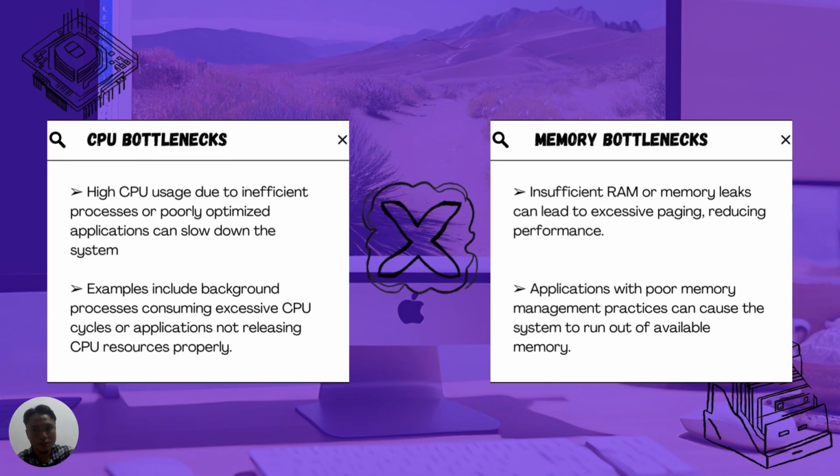High CPU usage, often caused by inefficient processes or poorly optimized applications, can lead to sluggish performance as resources are monopolized. Memory bottlenecks arise from insufficient RAM or memory leaks, causing excessive paging and degraded performance over time.